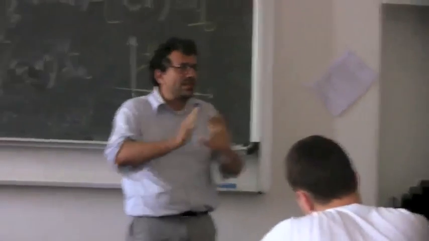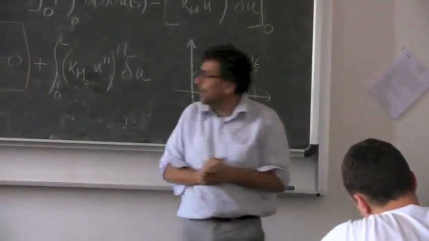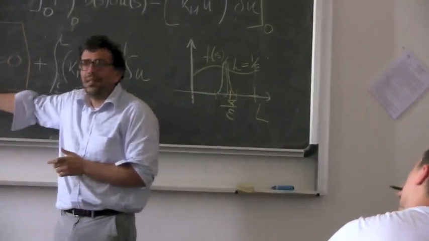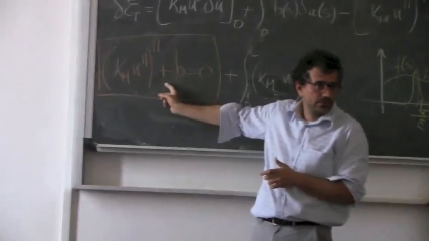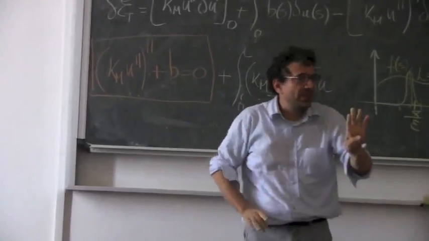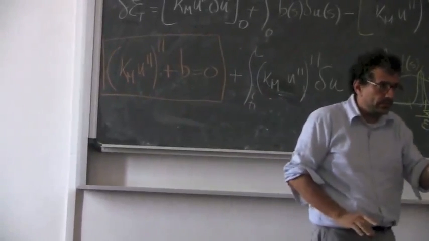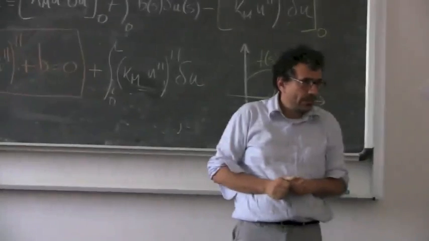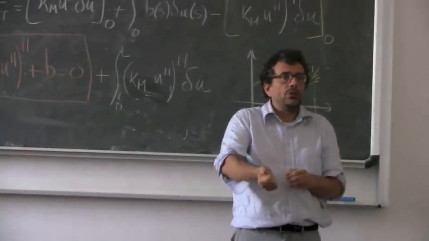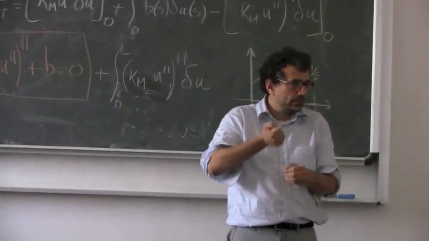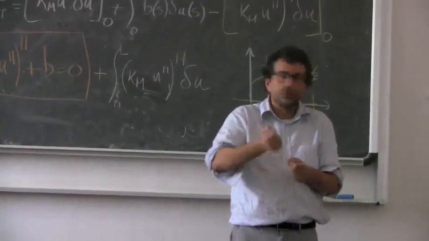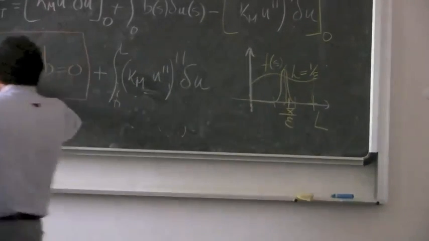So now we stop for a while and we discuss a little bit. This is a differential equation. We have 4 derivatives to calculate. Okay? So, if you know the primitive of B, you get K m u second prime.